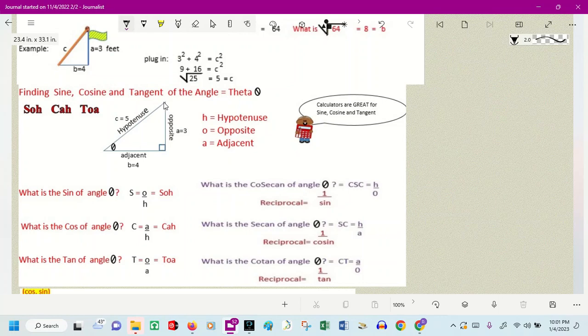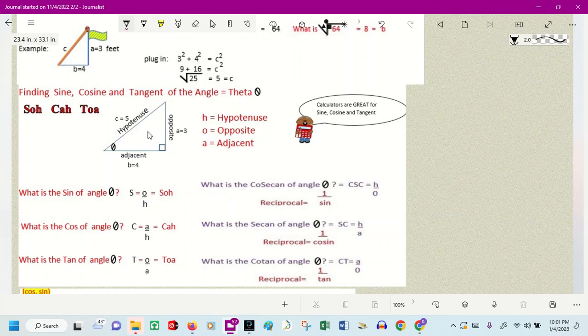Then you have to remember the rule for the adjacent line. The adjacent side is the side that holds the angle theta that you're talking about and the 90-degree angle. Meaning, if we were talking about this angle here, then this side will become the adjacent side, which means this side will become the opposite side.